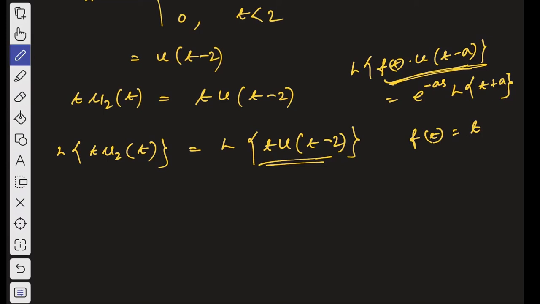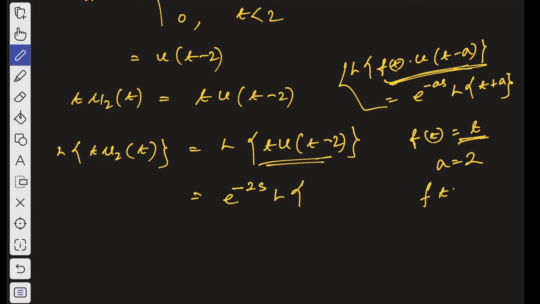So here you see, then value of a is equal to 2. So then if you apply this theorem, then our result should be e to the power minus twice s Laplace transformation of t plus 2.